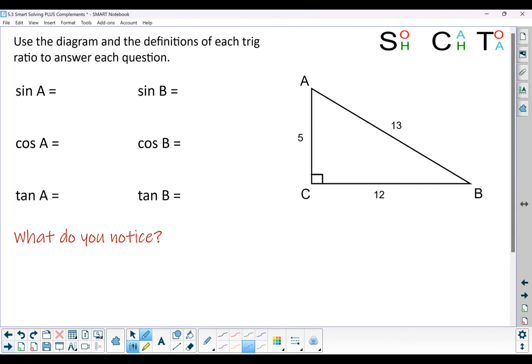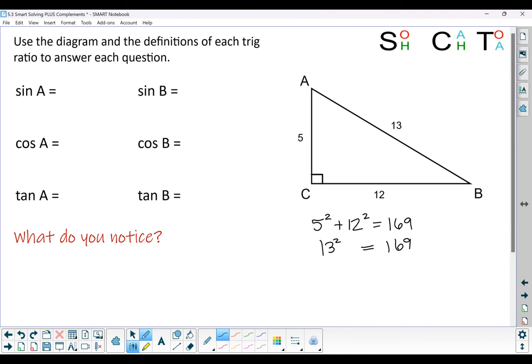Okay, so here's a diagram of a right triangle. 5 is one leg, 12 is the other leg, and 13 is the hypotenuse. This is definitely a right triangle. We could verify it by checking the Pythagorean theorem and making sure it is true. 5 squared plus 12 squared is equal to 169, and 13 squared is equal to 169.